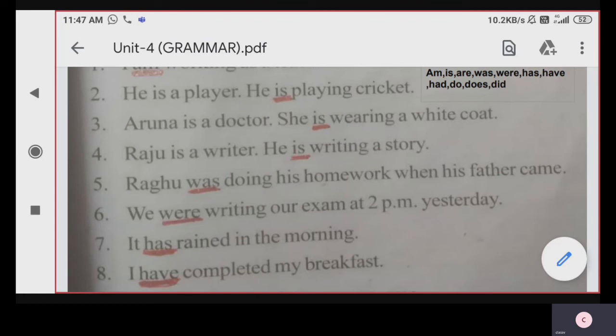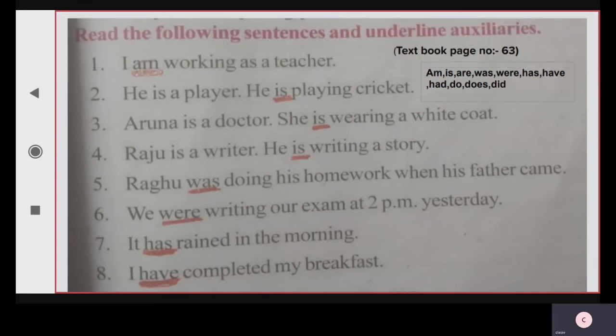So here the word was is used as an auxiliary. So underline it, children. And then the verb came, leave it, because no auxiliary is used before it.